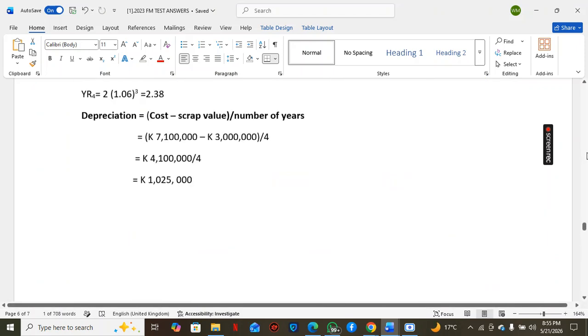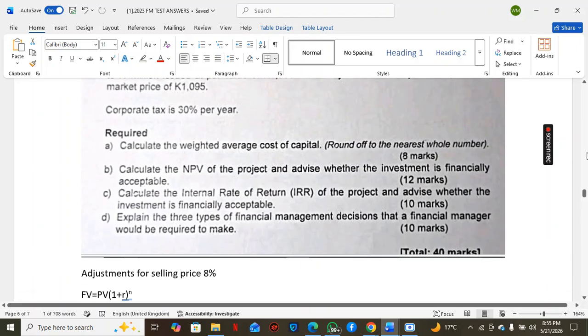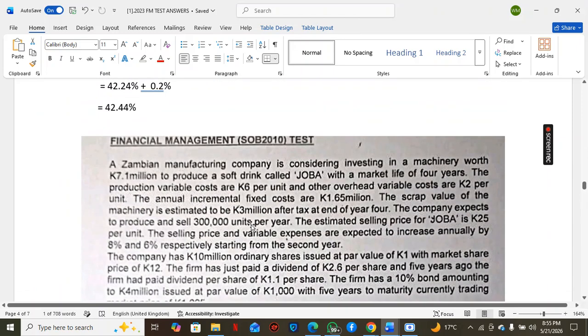This 1 million here, where is it? Yes. Annual incremental fixed costs of 1.65 million.